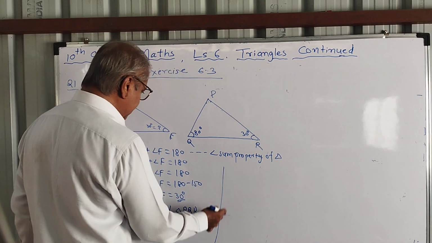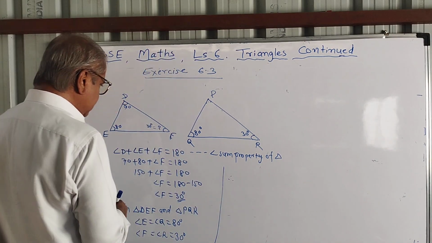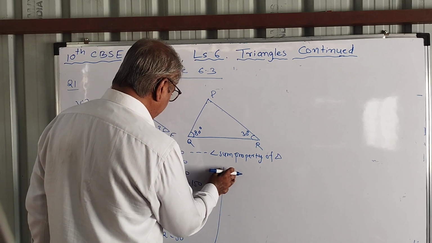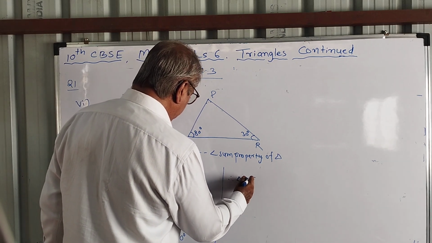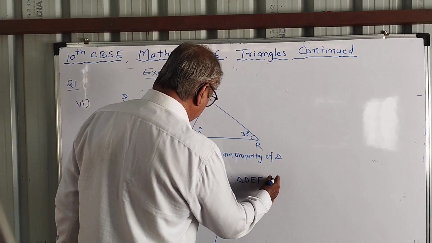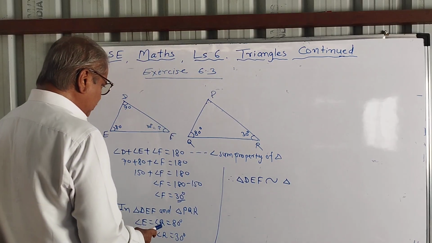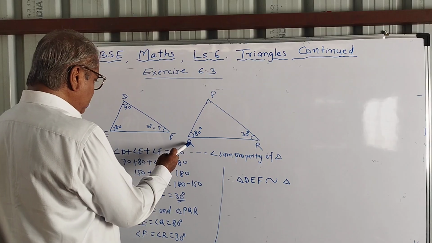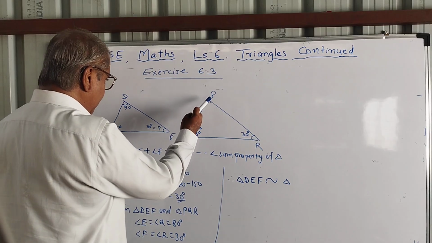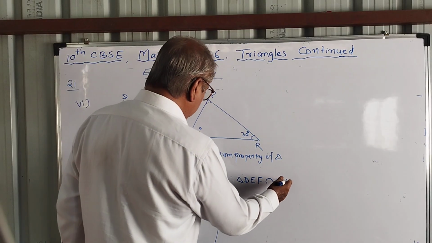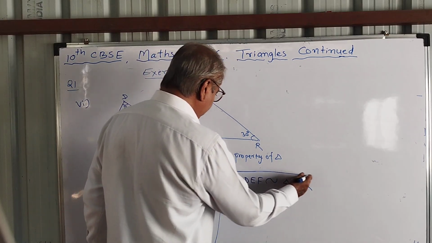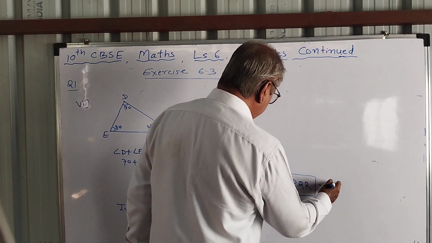So the final answer I can say, if we take the name as triangle DEF, it is similar to the triangle according to the correspondence. See, E is corresponding to Q, so DEF, and it has to be PQR. Triangle PQR by which criterion? AA criterion.